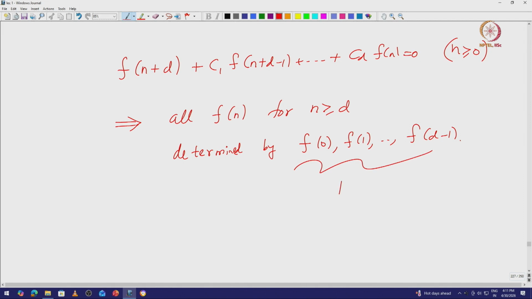That means the vector space V 1 must have dimension d. And similarly, the vector spaces defined using V 2, V 3, V 4, all of them must have dimension d.